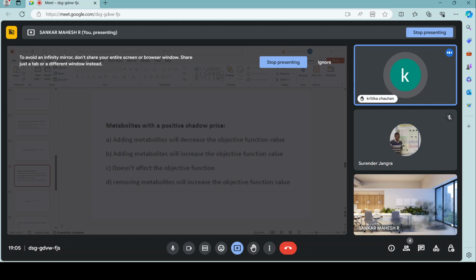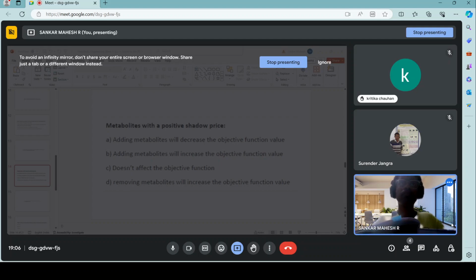For the metabolic flux, it is essential that this exchange flux should not change. So the fourth will be the answer, because if our exchange flux increases, we have to reduce our objective function metabolites. We have to remove that.